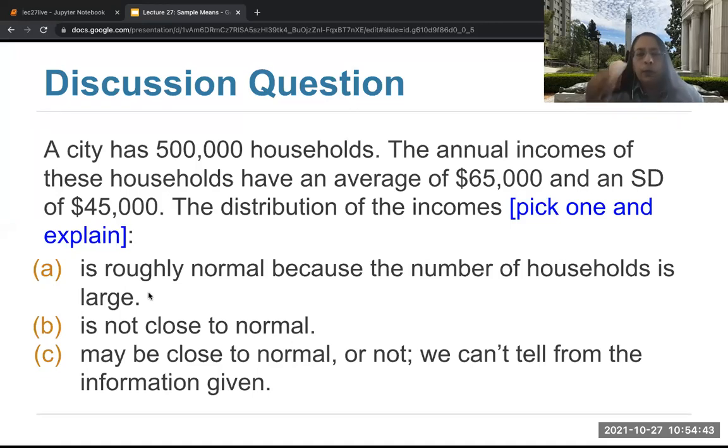If I draw the normal curve, the center is going to be at 65,000. Plus 1 SD on the right-hand side, I'm going to end up at 110,000. On the left-hand side, I'm going to end up at 20,000. If I go 1 SD below that, where will I get?